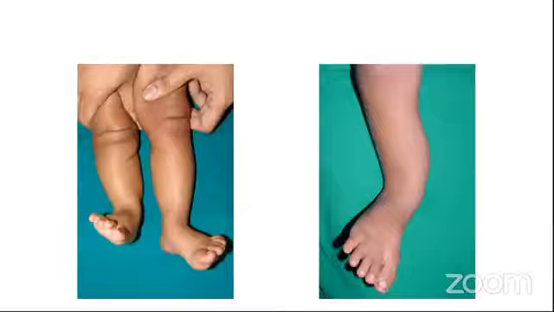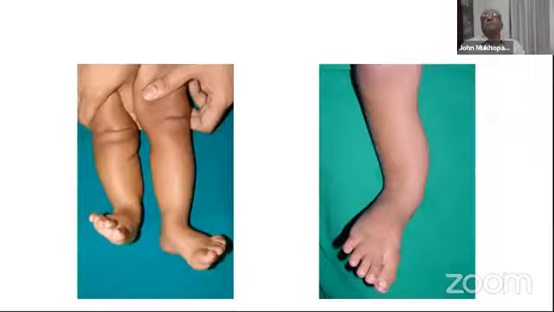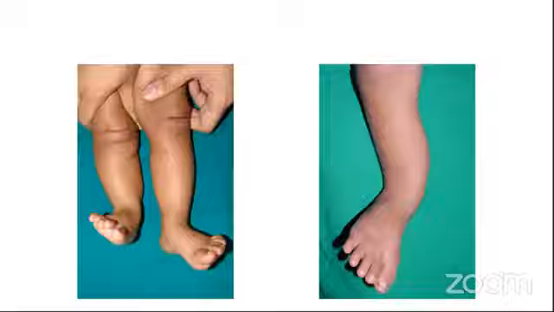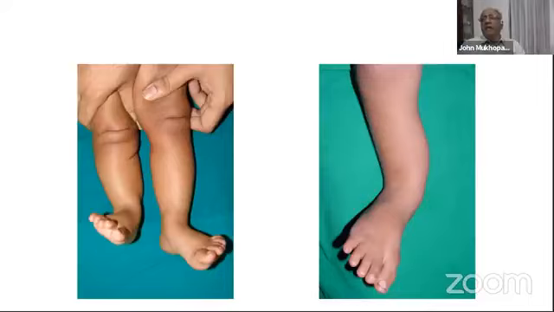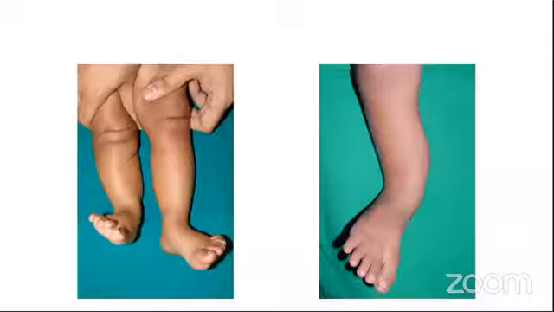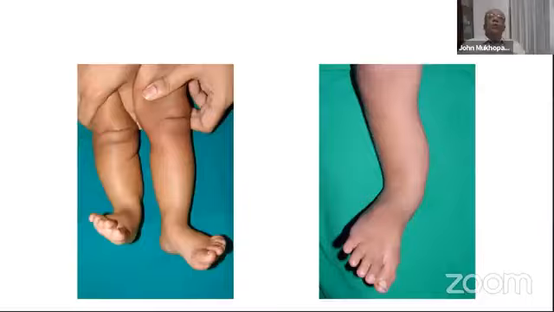So what's wrong with the tibia? It's going medially, the tibia is going medially in the distal part. You mean the apex is medial? Apex is medial, sir. Is it only medial or something else?